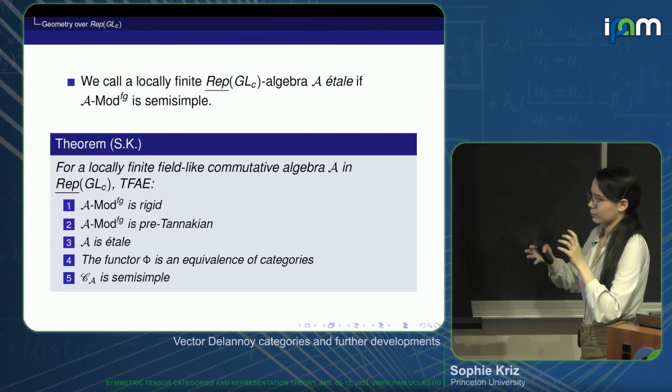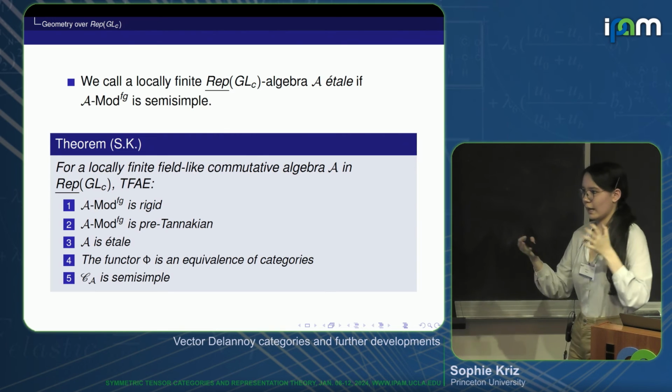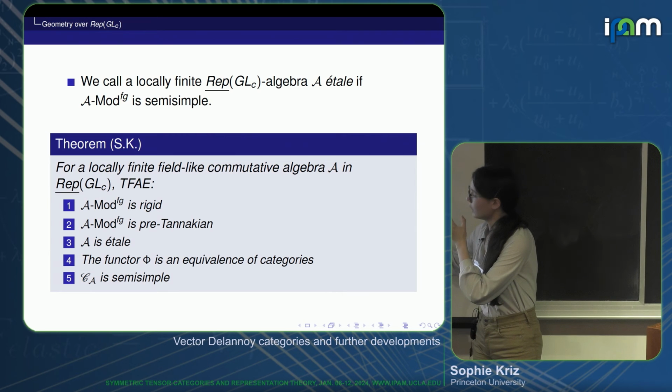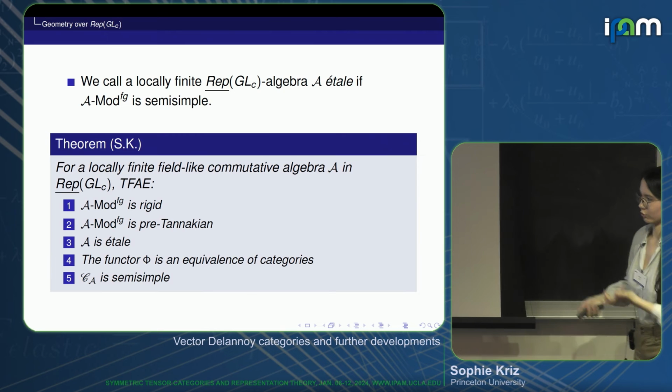So it's a way of getting between this side of algebras in Rep GL_t and semi-simplicity conditions in quasi-Tannakian categories in a more general sense.